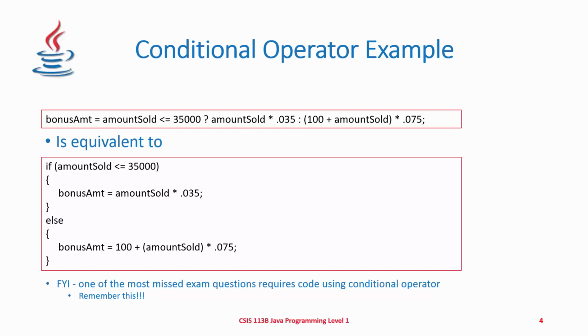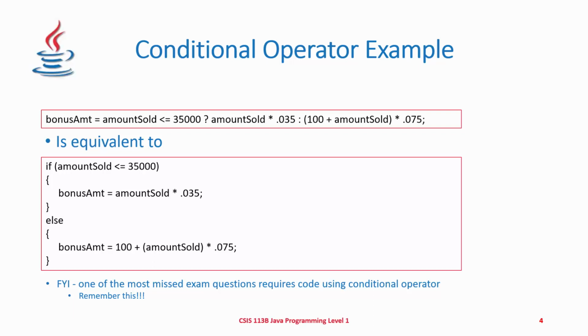So our condition is we're checking to see if amount sold is less than or equal to $35,000. If that is true, then amount sold times 0.035 is the value we'll store in bonus amount. If that condition were false, then 100 plus the amount sold times 0.075 will be what's assigned to the bonus amount. So that conditional operator is equivalent to the if-else statement you see below.